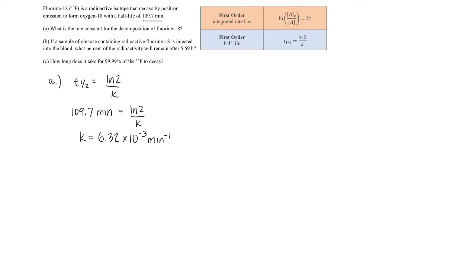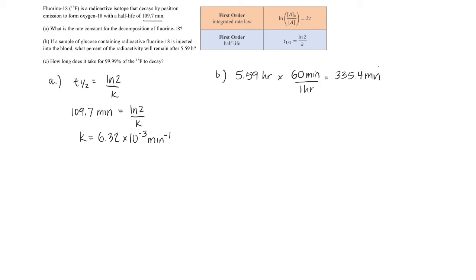Part B asks us to calculate the percentage that remains after 5.59 hours. So first, I'm going to convert my 5.59 hours into minutes because my rate constant has units of inverse minutes. So multiplying by 60 minutes over 1 hour gives 335.4 minutes.